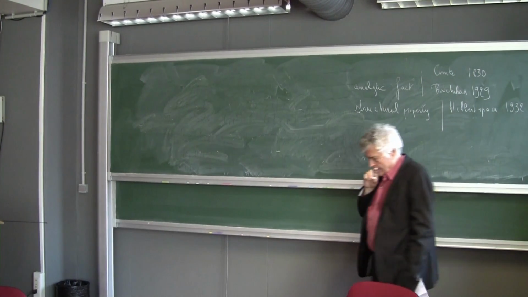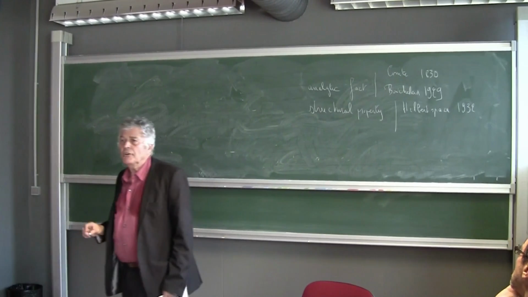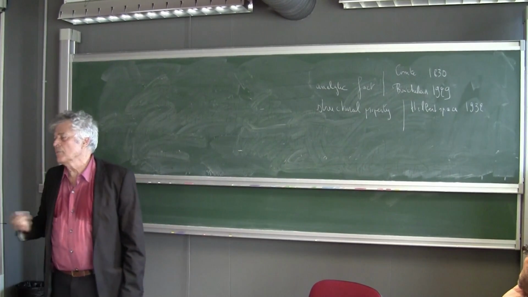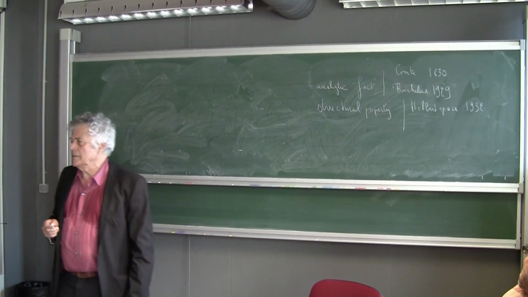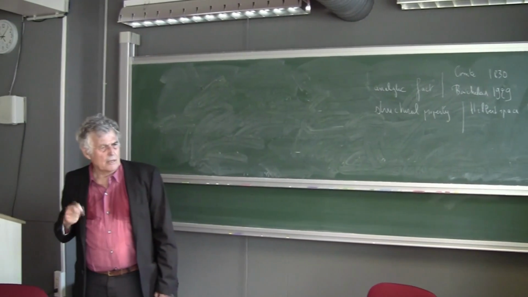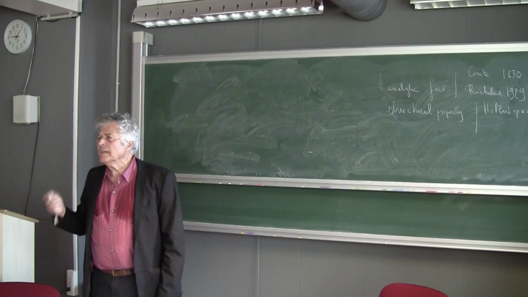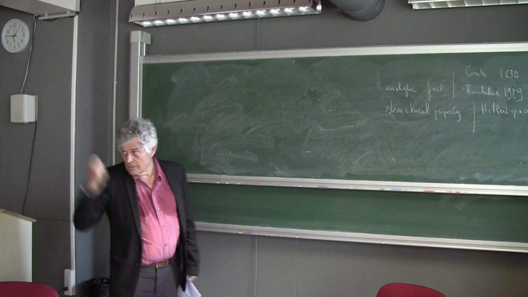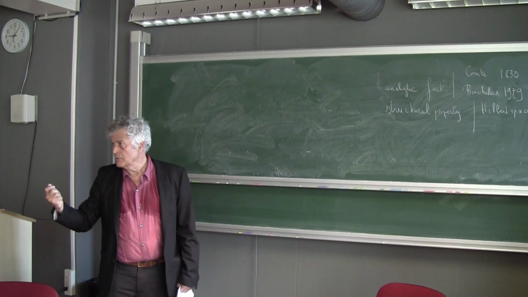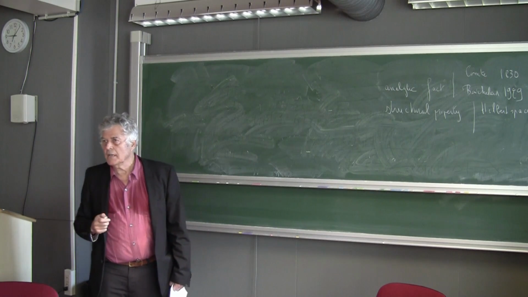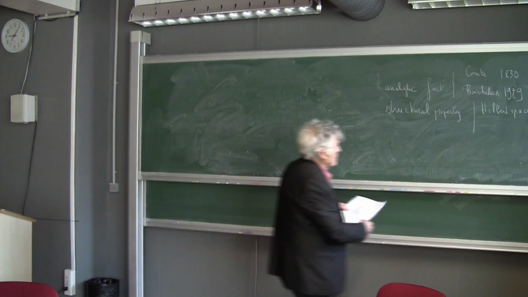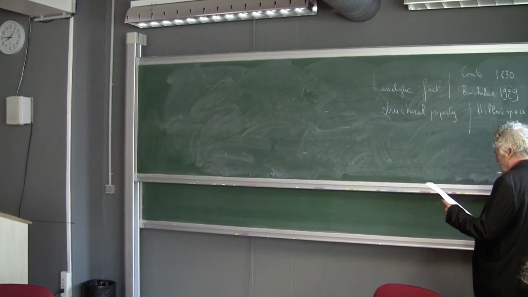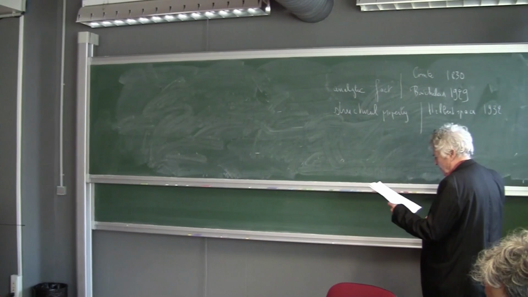That is the day when John von Neumann wrote Mathematische Grundlagen der Quantenmechanik. And that's where he defined the expression Hilbert space. So that was in 1932, and this will perhaps be enough.